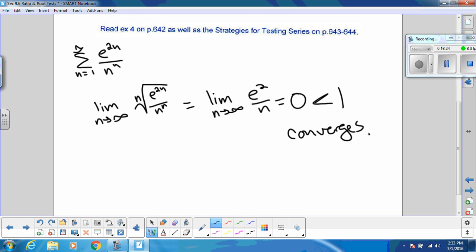Now, I do say look at the strategies for testing series on page 643. This is really nice. Now that we've learned all of the strategies we're going to learn in this unit for testing convergence and divergence, those guidelines give you a procedure, things to look for, because it's overwhelming to have all of these strategies.